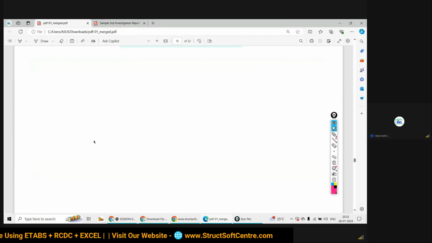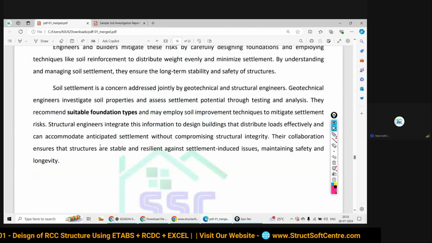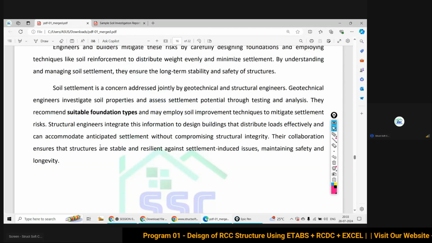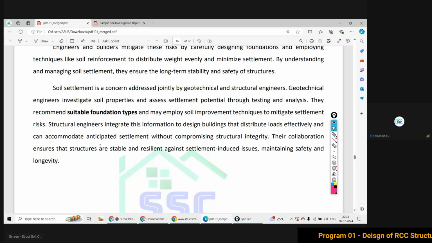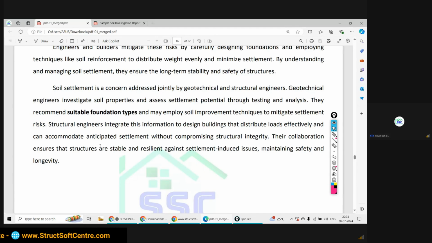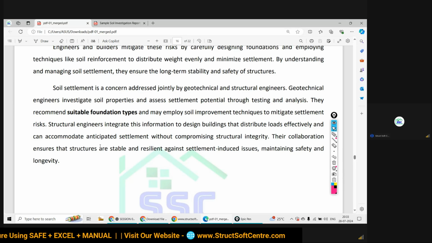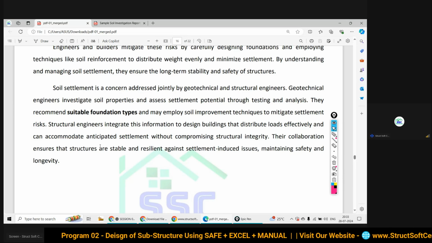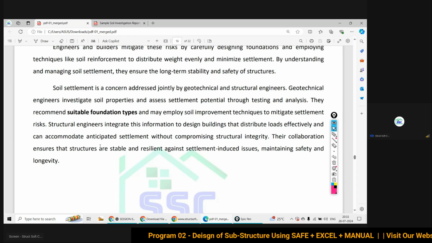Once you have all the properties of the soil in respect of its moisture content, permeability, plasticity, bearing capacity, ultimate bearing capacity, and its resistance potential. And if it does not have that much potential to resist, it undergoes settlement.